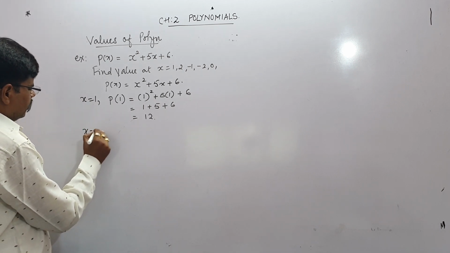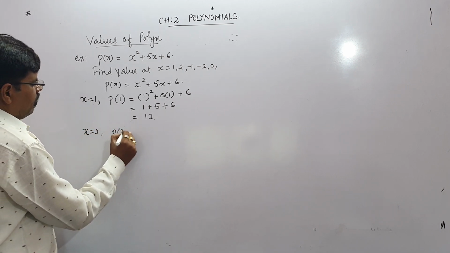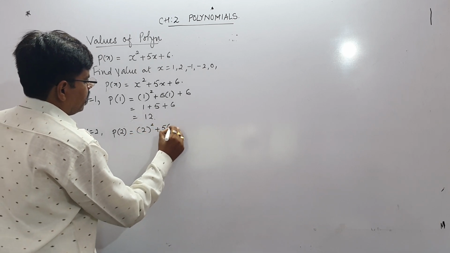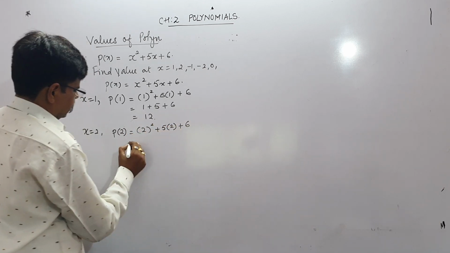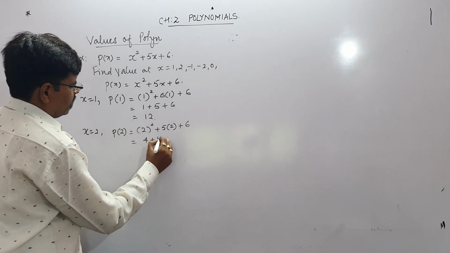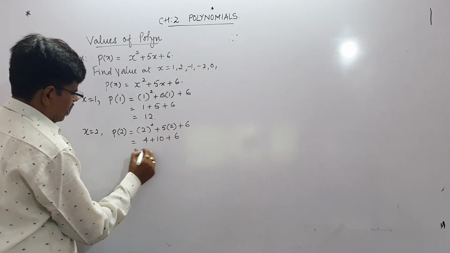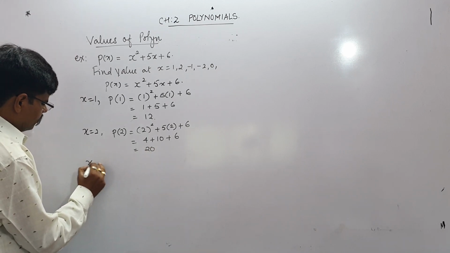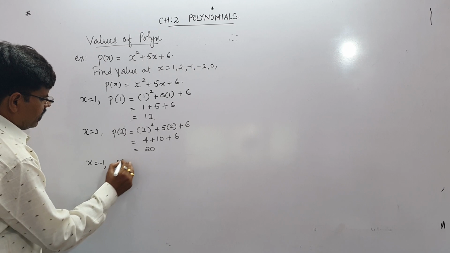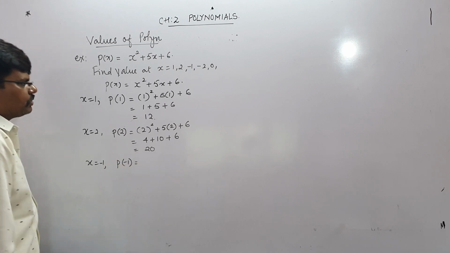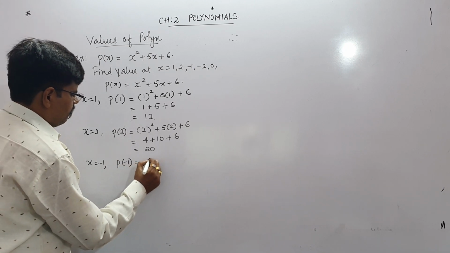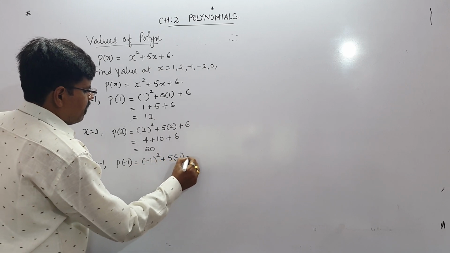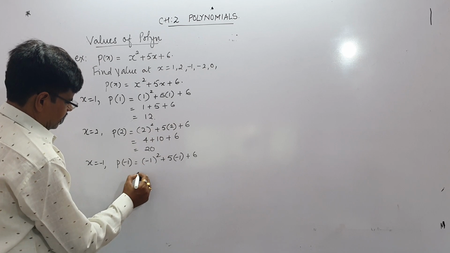Say x equals 2. P of 2. 2 the whole square plus 5 into 2 plus 6. It is 4 plus 10 plus 6. Answer is 20. Take x equals minus 1. You have to write here p of minus 1. Minus 1 the whole square plus 5 into minus 1 plus 6.